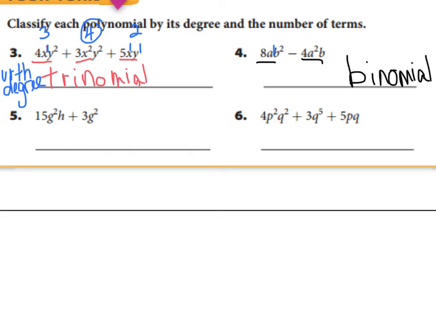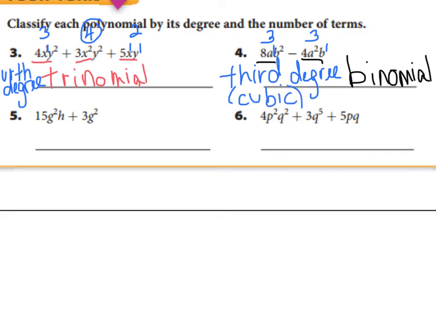Since ab squared is in the same term, we add the 1 and 2, which is 3. The next one we have a squared b, which has an invisible exponent of 1. Add those together and it has 3. They're both the highest, so this is a third degree binomial. And a third degree is also called a cubic, because a cube is a three-dimensional shape.